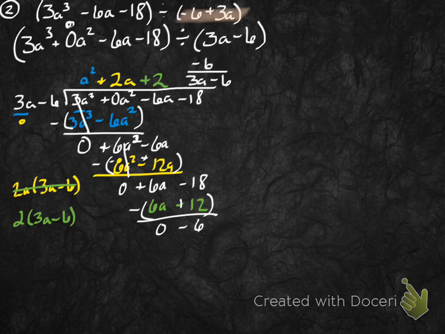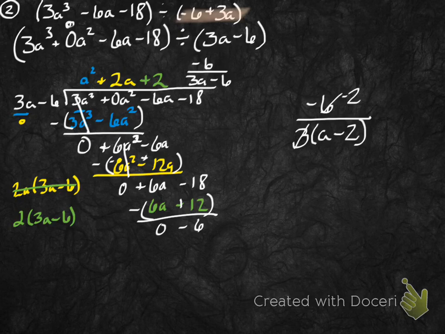Before I say that's my final answer, I need to go back over and check to see if I can factor anything out. In my denominator, I can factor out a 3, and that can reduce, giving me a negative 2 over a minus 2.